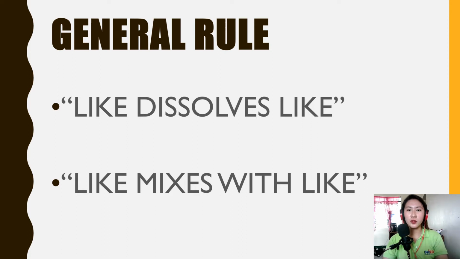Based on your polarity experiment, those mixtures that are homogeneous, or mixed well, are of the same polarity. And the mixtures that didn't mix well together have different polarity. And that is what like dissolves like means. Did you get it, science-minded learners? Very good.